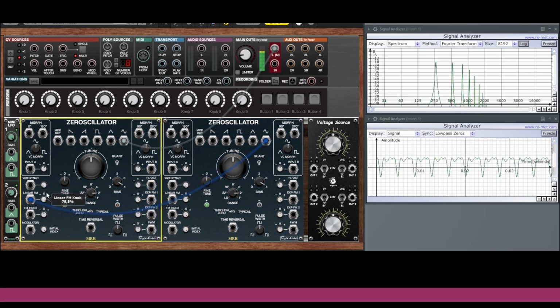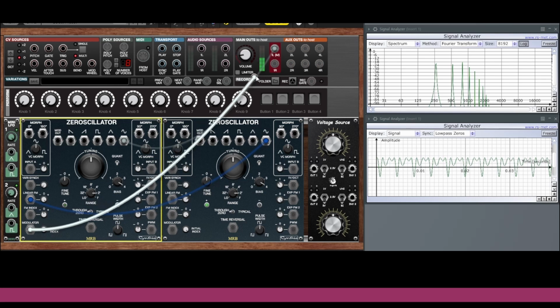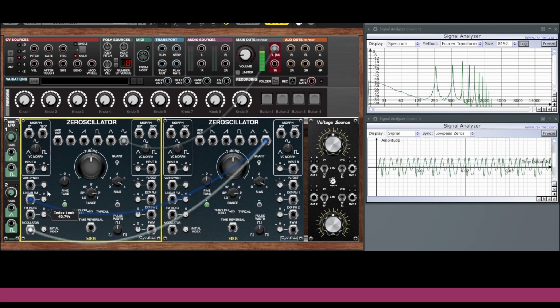I patch one and the same modulation into the linear FM jack with its attenuverter turned to plus maximum and into the modulator jack with the FM index attenuverter turned to its minus maximum. The modulation vanishes and the signal at the mod out jack is cancelled out. The modulating signal and the result of the modulation are shown in different colors in the signal analyzer.